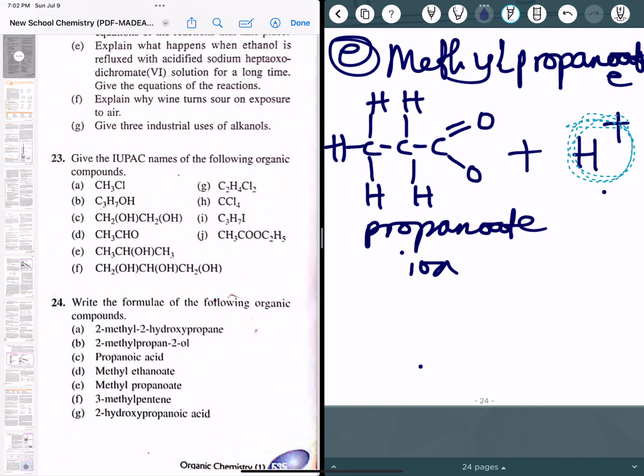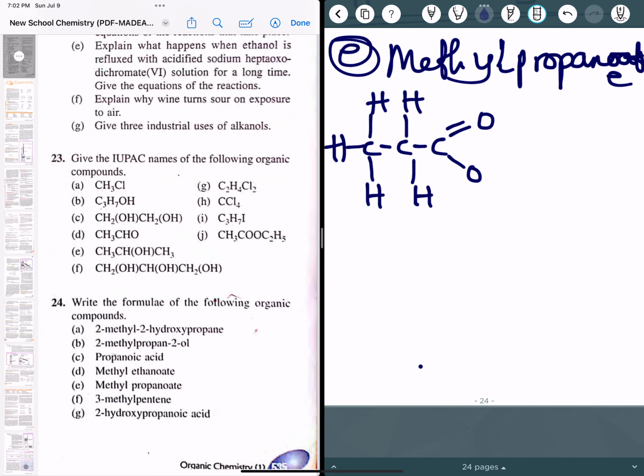If you were to put the two together, this is propanoic acid with the H. But an acid dissociates in solution to give off hydrogen ion as the only positive ion. So it will form propanoate ion and hydrogen ion. It is this propanoate ion that methyl gets attached to form methylpropanoate.